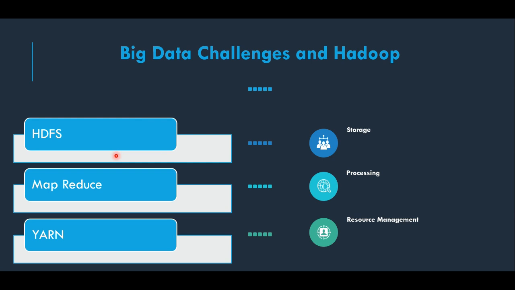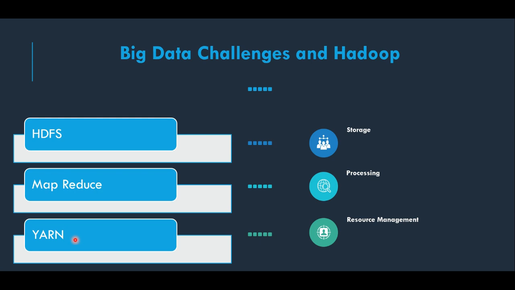However, to better understand this ecosystem, here we present the three main components: HDFS, which is the abbreviation for Hadoop Distributed File System, MapReduce, and finally Yarn.